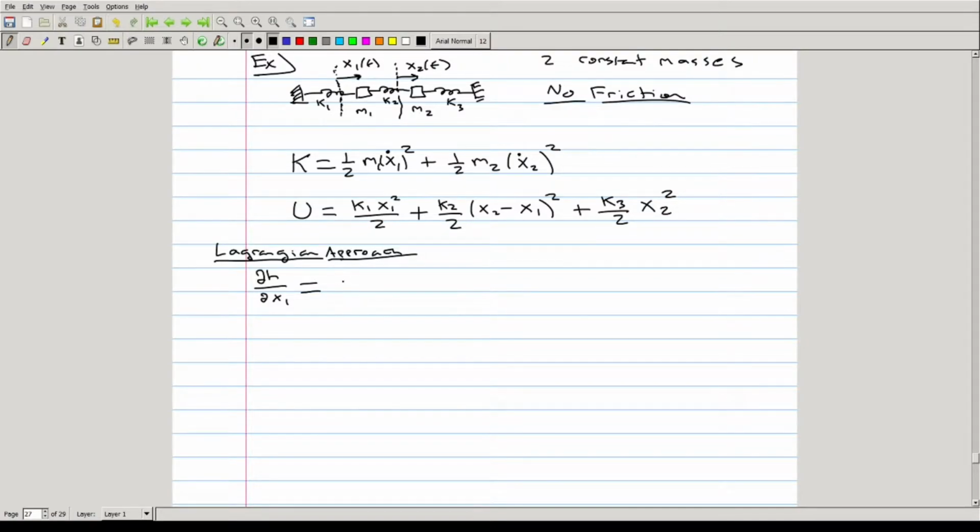And remember, this is the x1 derivative of K minus U, which is just going to be negative K1 times x1, and then the x1 derivative of negative U here is going to be positive K2 times x2 minus x1.